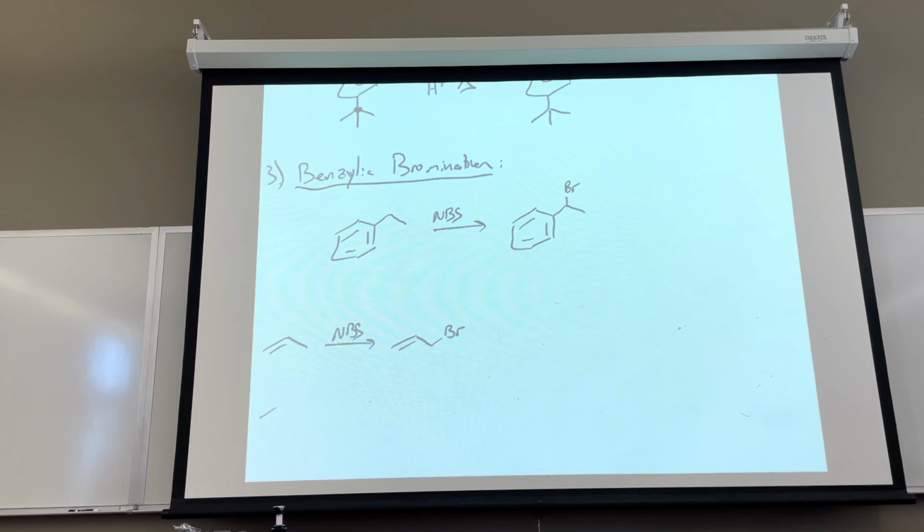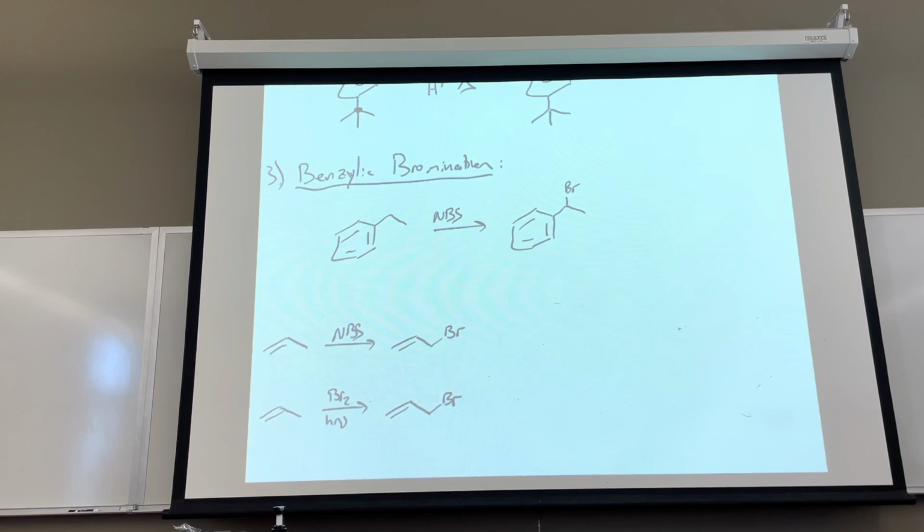You know, if you were to use just regular old bromine for this, depending on how you run the reaction, you can get allylic bromination with molecular bromine. That is possible, but you have to monitor the reaction extremely closely.